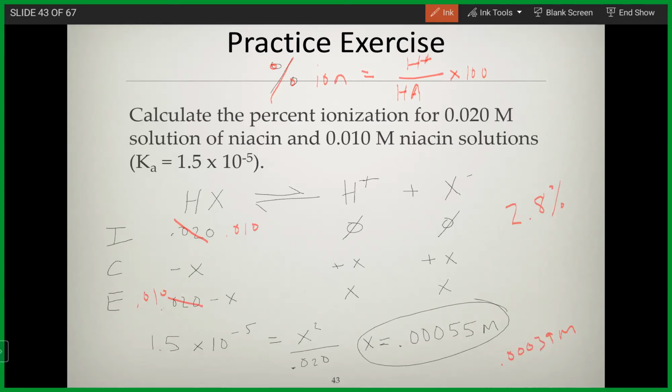So when we plug it in for the percent ionization, that'll be what goes in for H plus. 0.010 is going to go into the denominator. So in that case, the percent ionization is going to be 3.9%. We get a slightly higher percentage of that substance ionizing in that case.